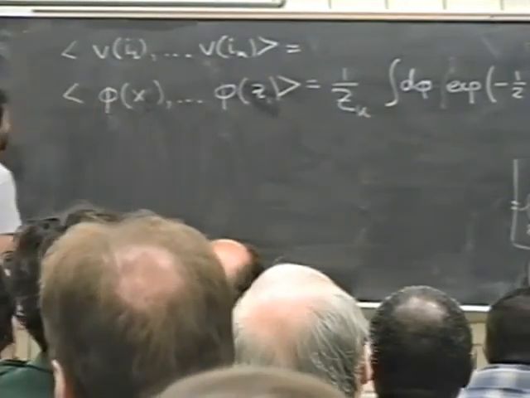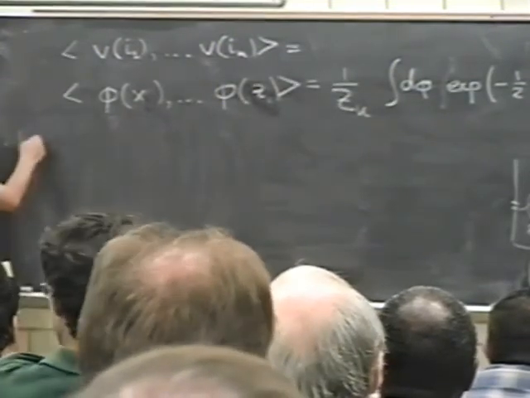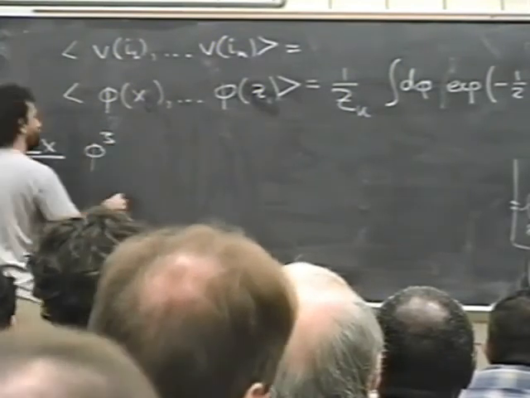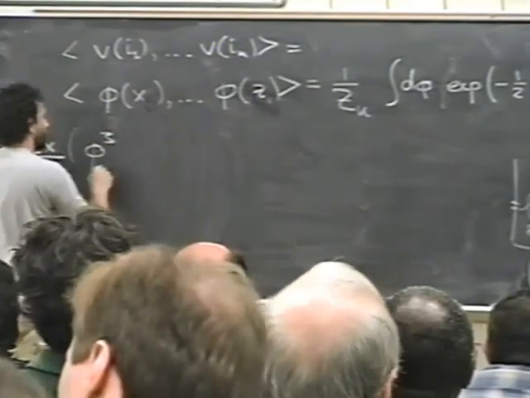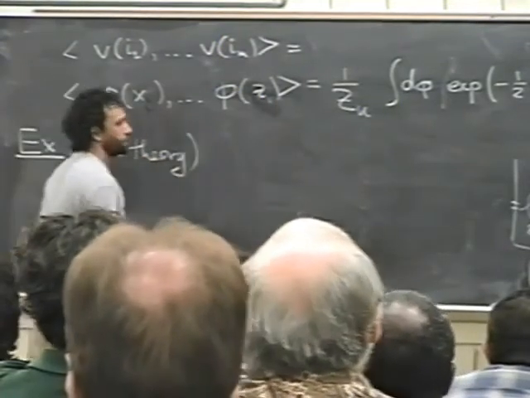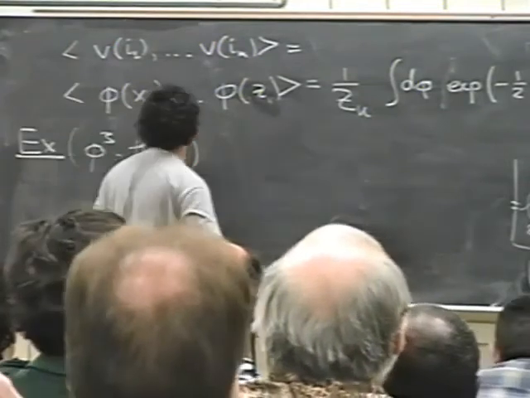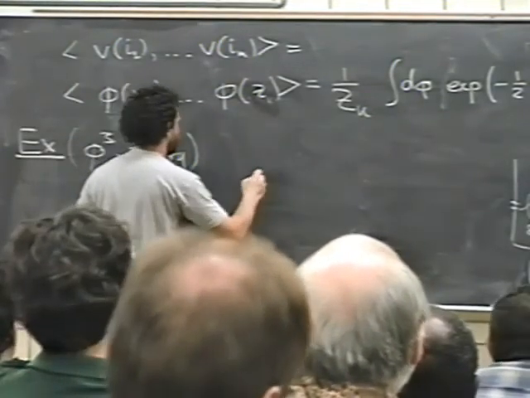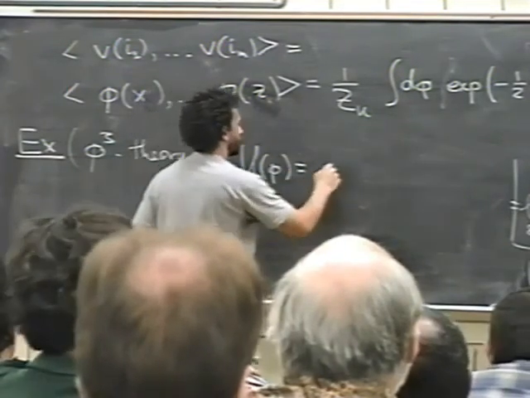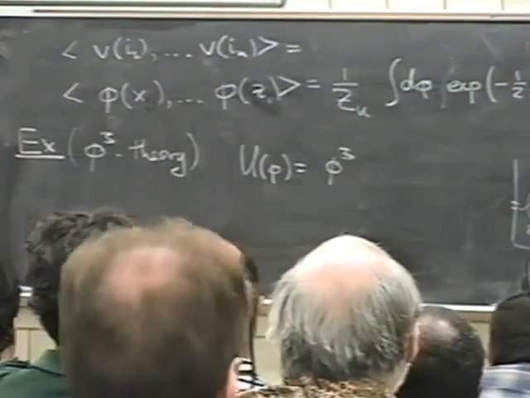So what will be the Feynman rules? Let me again take some example, which will be phi cubed. So it's this cubic potential. Let me take just the simplest possible: U of phi is just phi cubed.